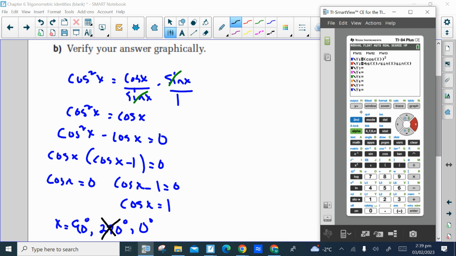It should have been after the sine x and before the cos x. So now when I check 90 degrees, so right now I'm on the equation cos squared x, so that's why I get an answer returned. But when I go to the other one, I let x equal 90. No, it works. Looks like 90 is going to work. But 0 doesn't.